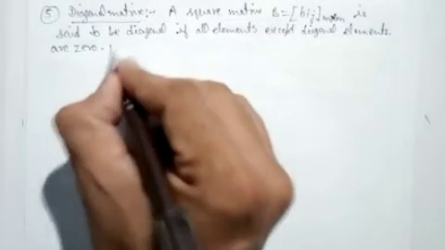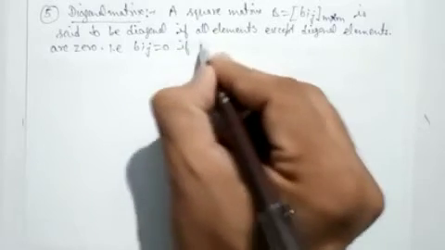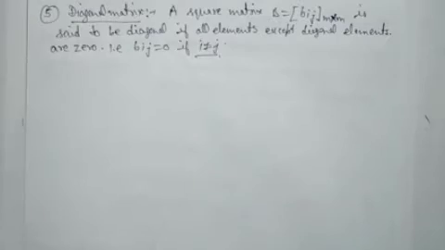That is, Bij equals 0 if i is not equal to j. So this is a diagonal matrix.